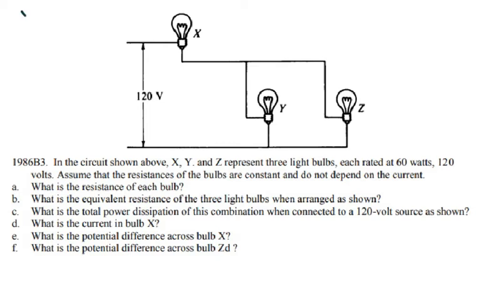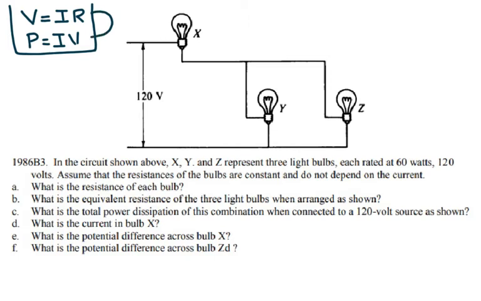We have Ohm's law, V equals I times R, and we have power equals I times V. These two formulas are given, but you can also substitute V and I in your power formula.